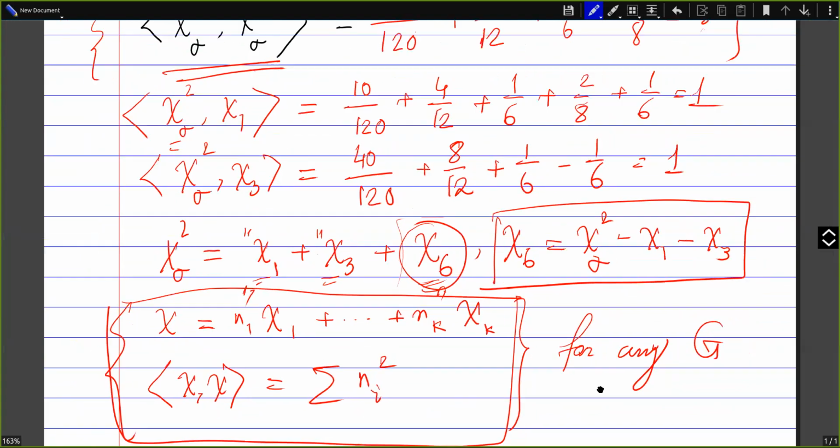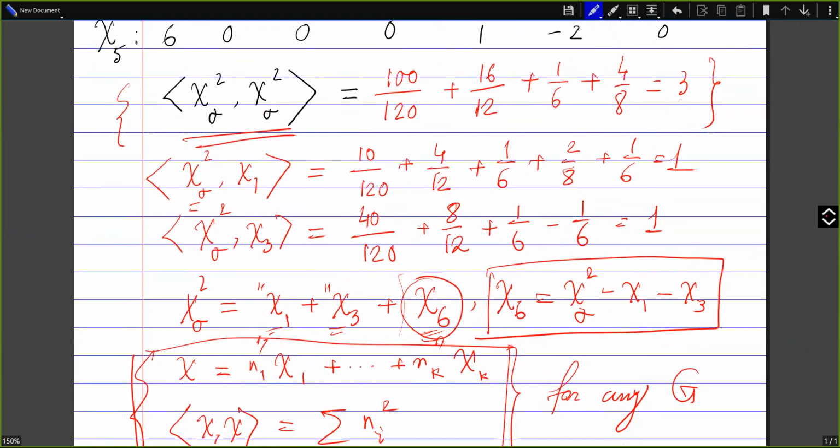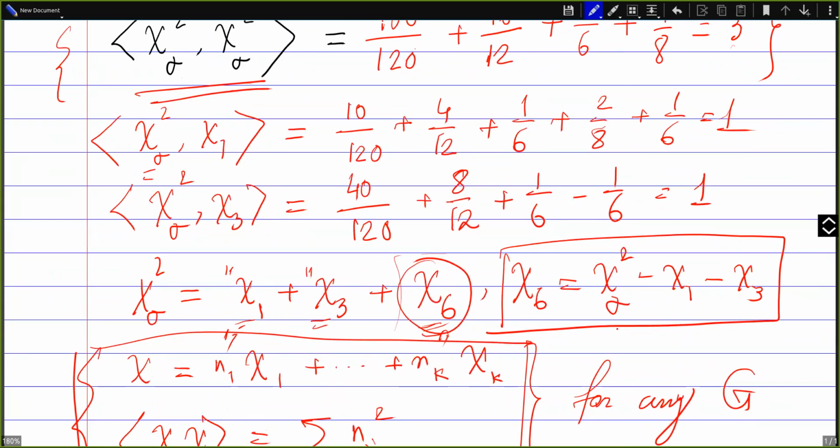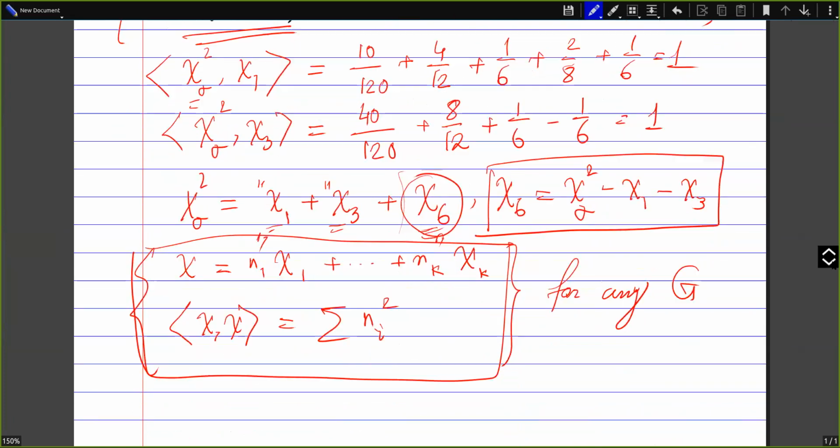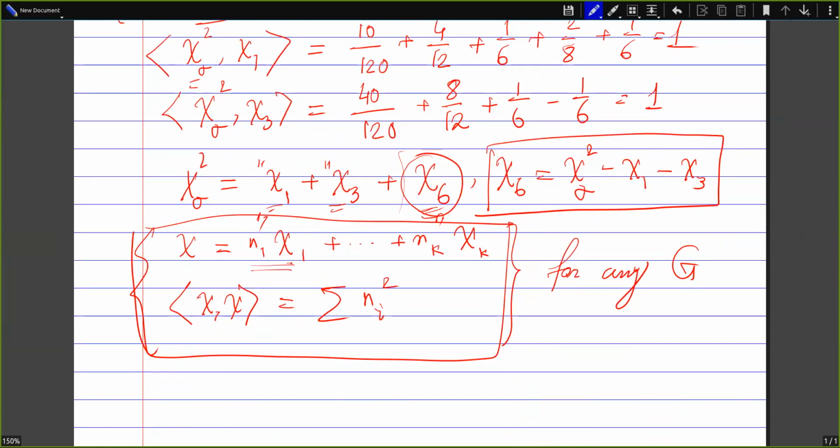Let me again just repeat. Since chi sigma square is not an irreducible character, it will be the sum of a few irreducible characters. We have already checked that chi 1 appears once here, chi 3 appears once there. So therefore there will be some other characters. On the other hand, for any general group, if chi 1 up to chi k are distinct characters and they appear n1 up to nk times respectively, then this is the sum of ni square.